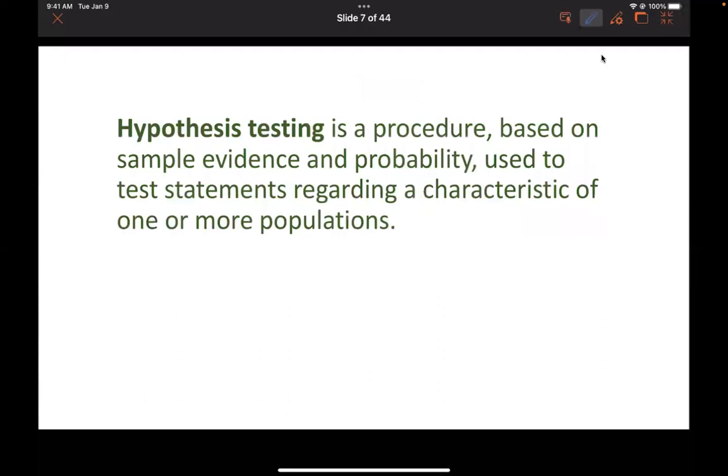We take sample evidence and probability to test the statements regarding a characteristic. Basically, we're going to take a sample, and based on the information we originally had, so the original proportion they gave us, or the mean or whatever, we're going to determine if the sample that we got is likely to happen based on the original evidence.